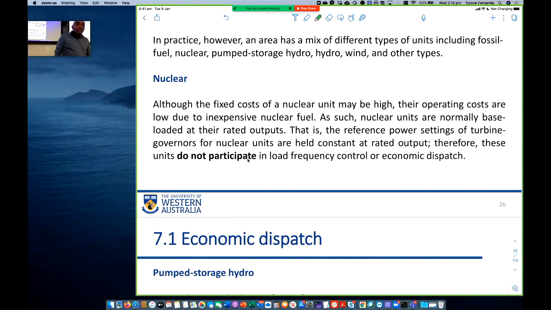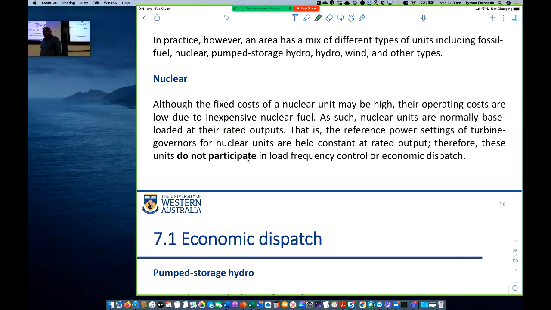So it will operate at the rated output because you want to utilize that to its maximum. That is, the reference power settings of turbine governors for nuclear units are held constant at rated power output. Therefore, these units do not participate in load frequency control or economic dispatch.